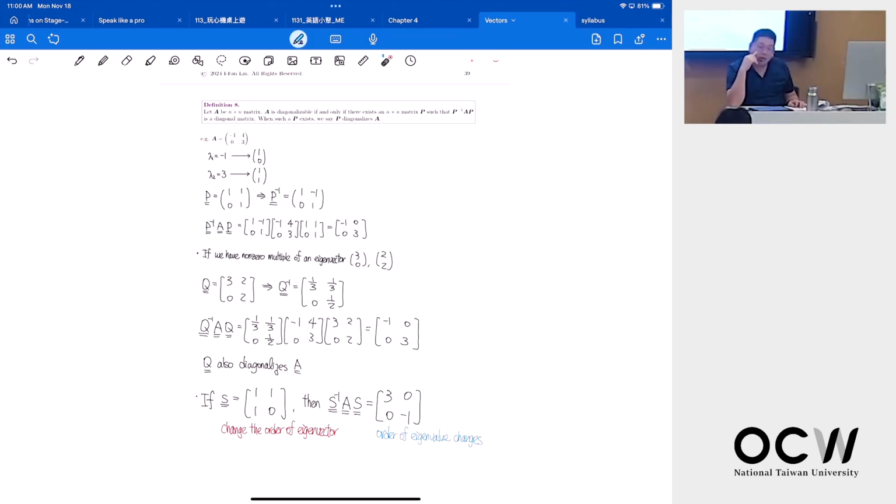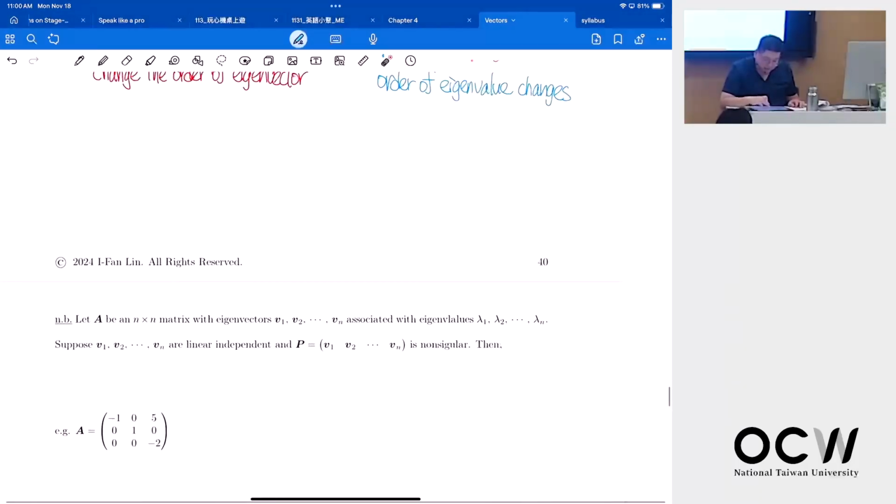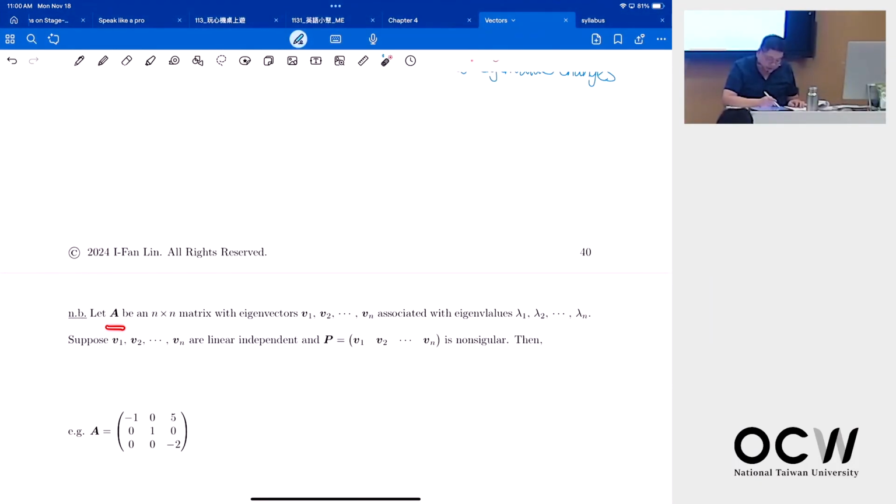All right. If you don't have any questions, then based on this concept, I have an n by n matrix A, and also I have eigenvectors v1 to vn with their corresponding eigenvalues lambda 1, lambda 2 to lambda n. Now suppose my eigenvectors are linearly independent. Since they are linearly independent, the P is non-singular.